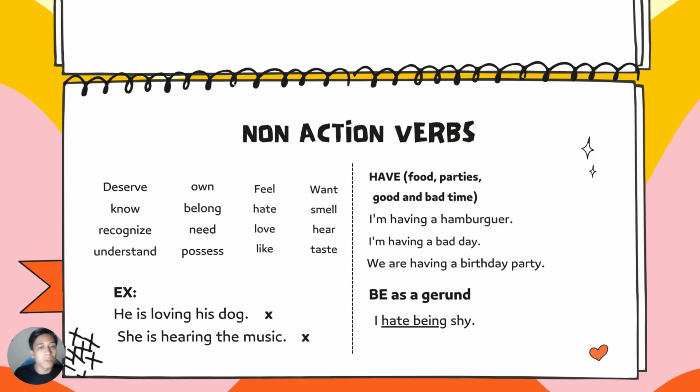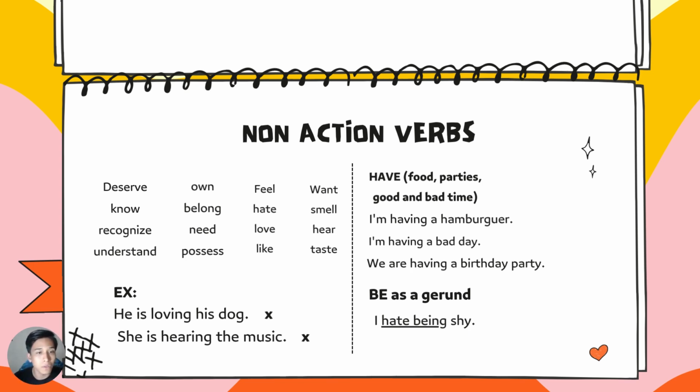Now, we will see the exceptions because you cannot add an ing to all of the verbs, because we have the non-action verbs or the stative verbs. Here I have a list.